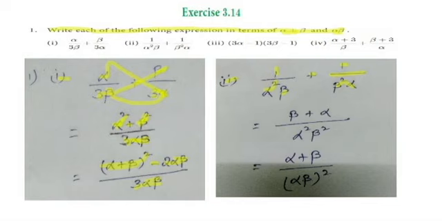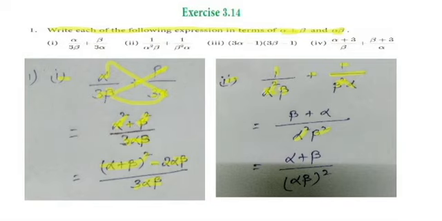LCM is nothing but the highest degree. In this alpha square is the highest degree, so the LCM is alpha square. And then beta square: in this the highest power is beta square, so LCM is beta square. So alpha square beta square is the LCM of both terms.